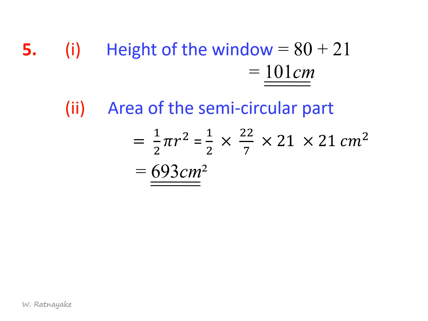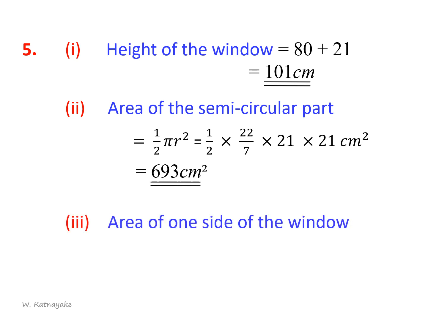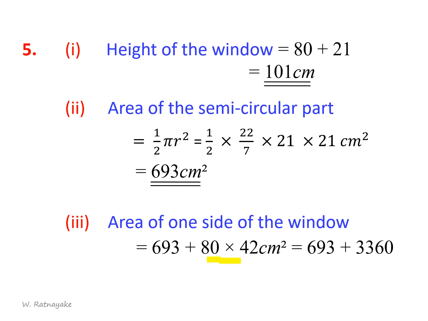And to answer the third part, the total area of the window, we have to add the area of the rectangular part to this semicircular part to find the total area. So we can build up the numerical expression like this: 693 plus 80 times 42. This is the area of the rectangular part. Then we get 693 plus 3360.